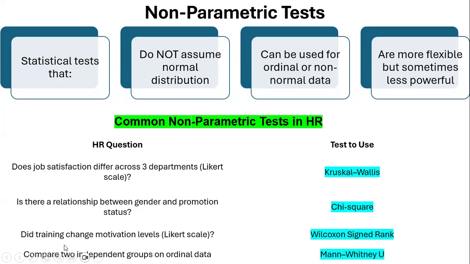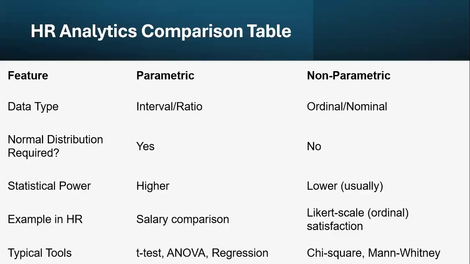And if you also want to check whether training changes motivation levels, you can use the Wilcoxon signed-rank test as opposed to the paired t-test that would have been used when we're dealing with a parametric test. So the job that parametric tests can do, non-parametric tests can also do, except that the fundamental assumptions underpinning these two typologies of tests are totally different.